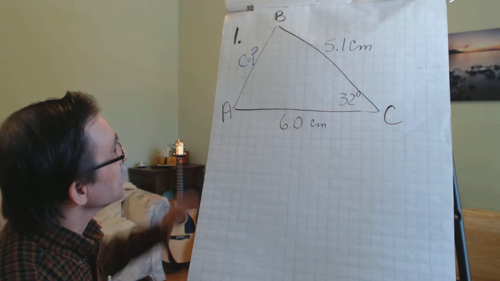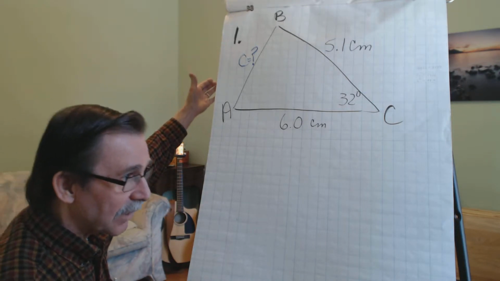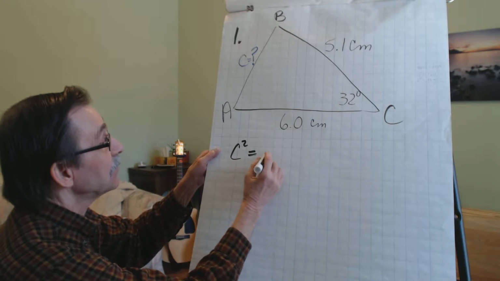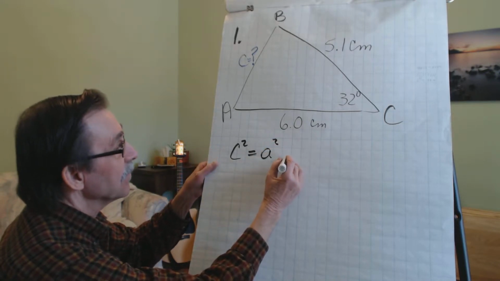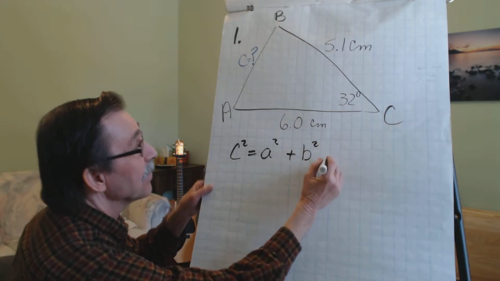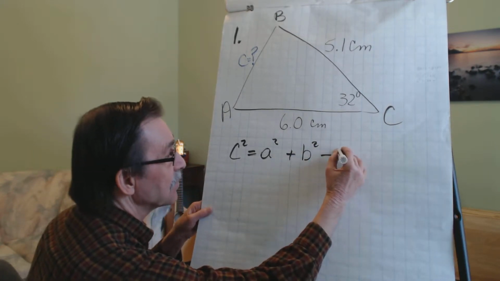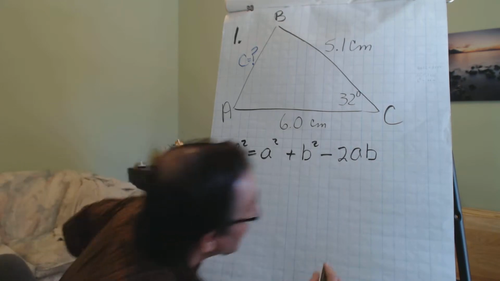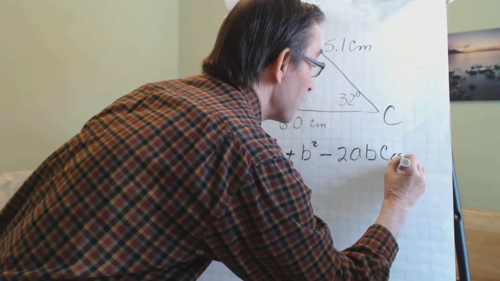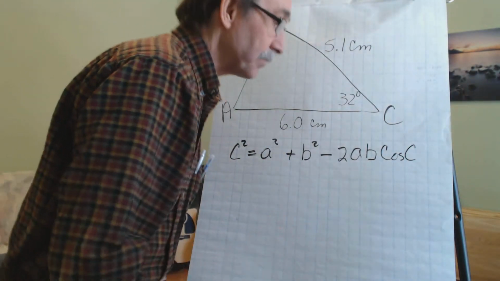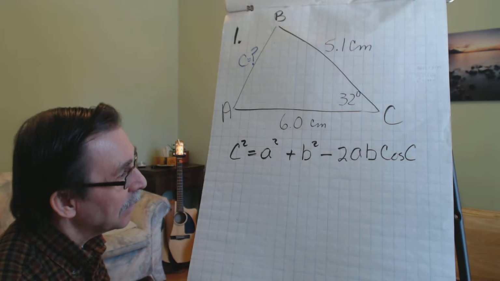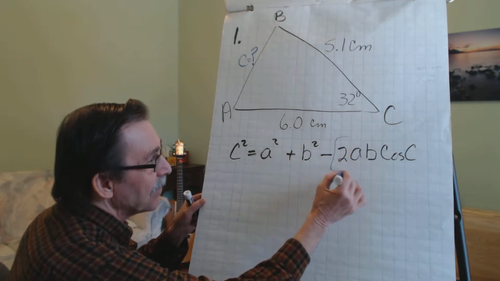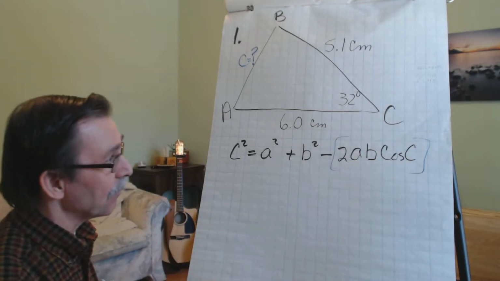So for little c, we're going to use the cosine law for lengths, and you'll remember that it looks like this: c squared is equal to a squared plus b squared minus this big mess, 2ab cos C. You might remember that I asked you to isolate this part over here, just to keep this as a big package for now.